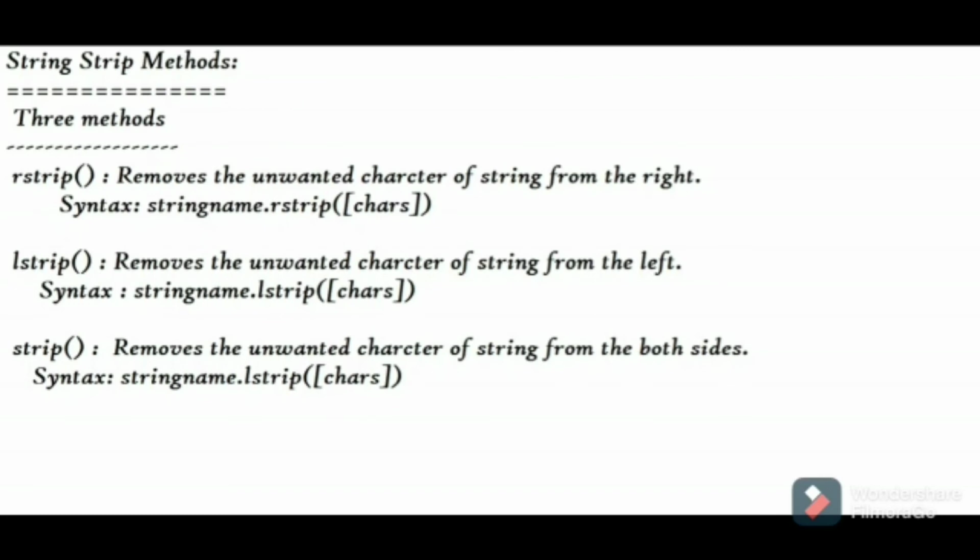Let's start with rstrip. rstrip removes the unwanted characters of the string from the right, means it returns a copy of a string in which unwanted characters get removed from the right side of the string, whereas lstrip removes the unwanted characters of the string from the left, whereas strip removes the unwanted characters of the string from both sides.